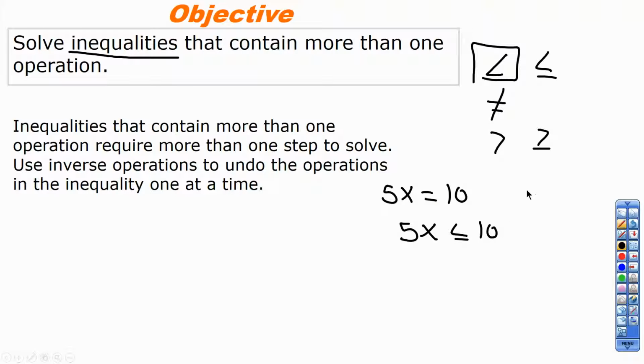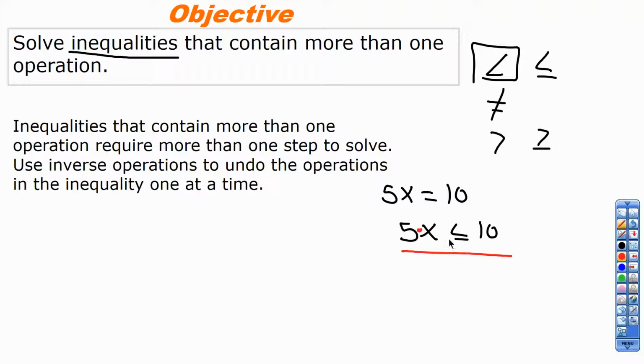So we're going to be working on solving inequalities that contain more than one operation. The inequality that I wrote down right here has only one operation, which is multiplication. It's 5 times x is less than or equal to 10.